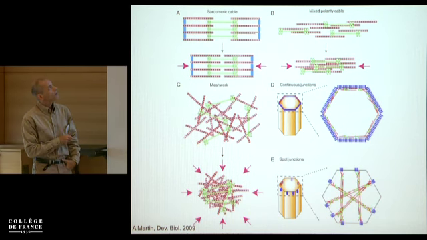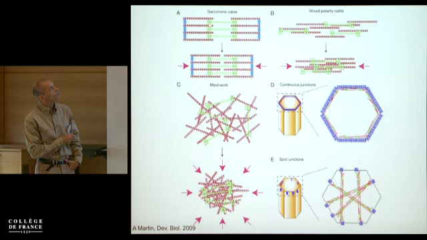So how do these actin cables work? Actin and myosin are what we're representing here: the red filaments are actin, and the green structures are what we call the molecular motors, myosin 2. That's also what works in your muscles.